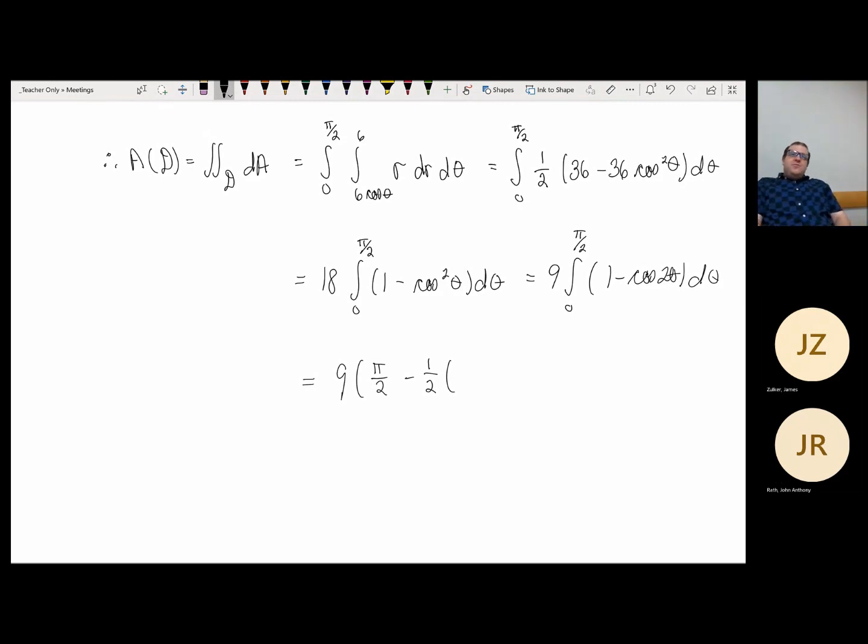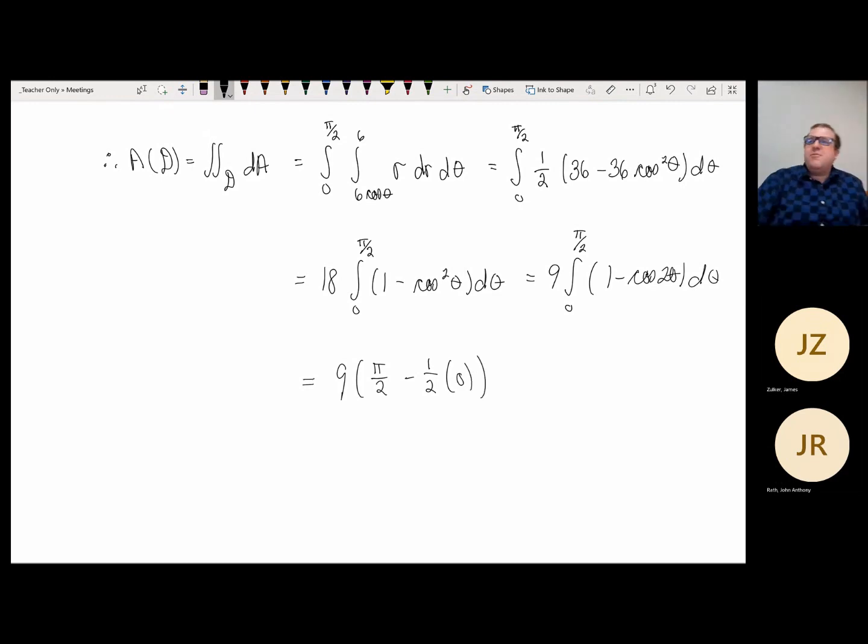So our antiderivative of cosine 2 theta would be a half sine of 2 theta, evaluated from 0 to pi over 2. Going to be sine of pi, which is 0, minus sine of 0, which is 0.